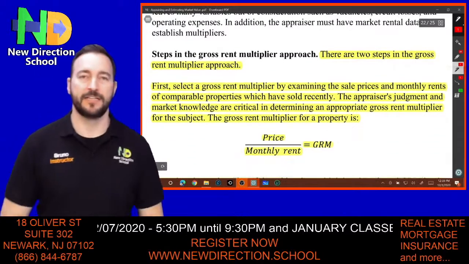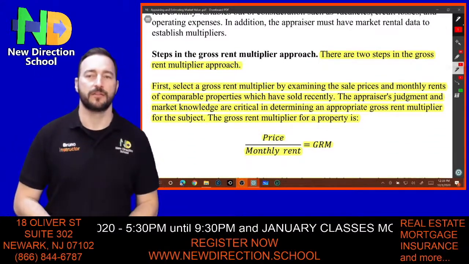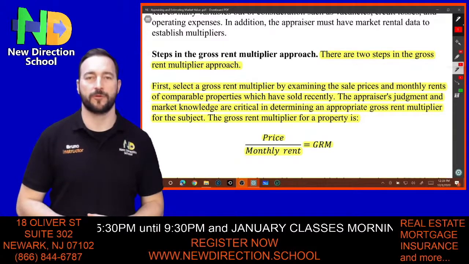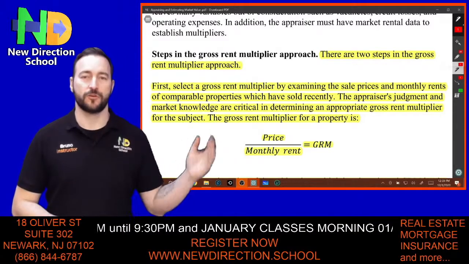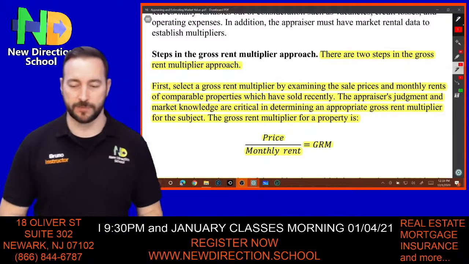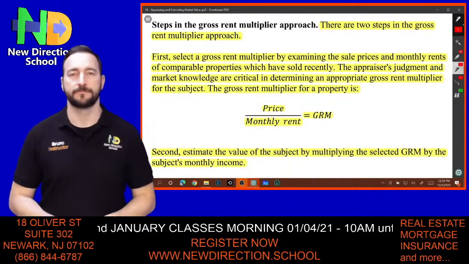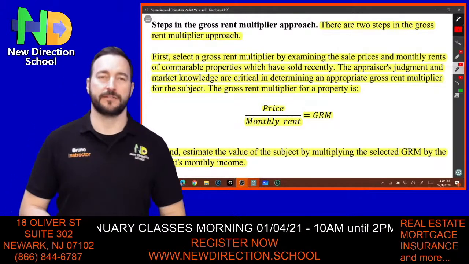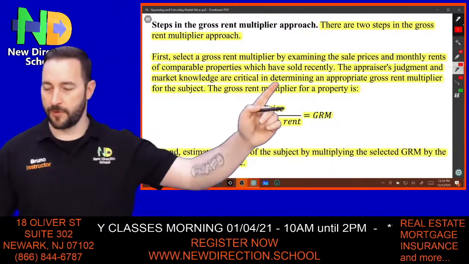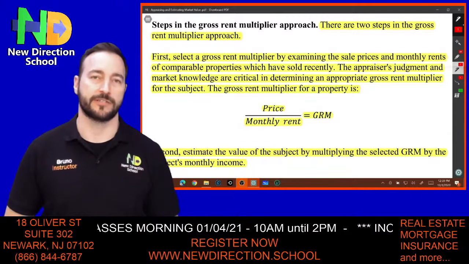Steps in the gross rent multiplier approach. There are two steps. First, select the gross rent multiplier by examining the sales price and monthly rents of comparable properties which have sold recently. The appraiser's judgment and market knowledge are critical in determining the appropriate rent multiplier for the subject.